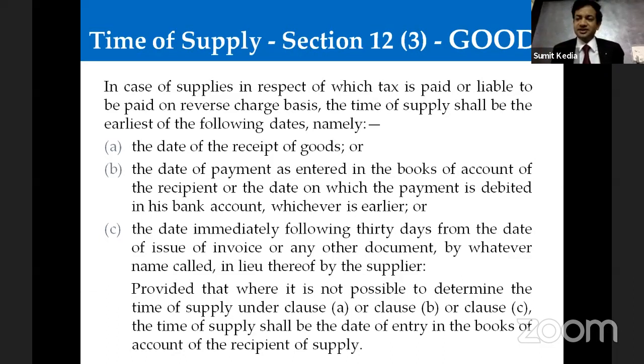In that case, RCM is applicable. So only a very limited set of goods, like agricultural produce supplied by an agriculturist, lottery and those items, attract RCM. The time of supply is the date of receipt of goods, or date of payment, or 30 days from the date of invoice, whichever is earlier.